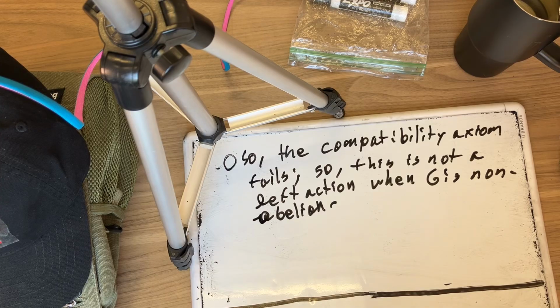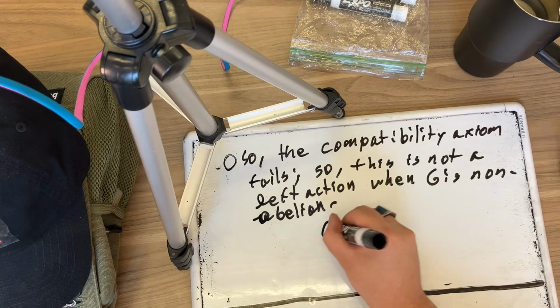And whenever G is abelian, A (G sub 2 G sub 1) is equal to A (G sub 1 G sub 2). So that holds, so the rule does define a left action whenever G is abelian.